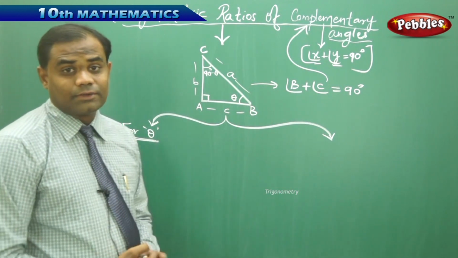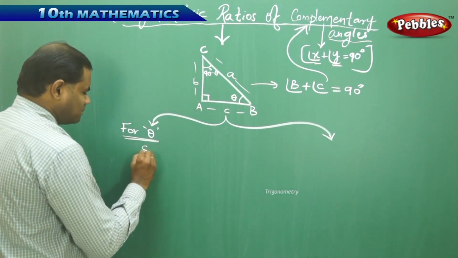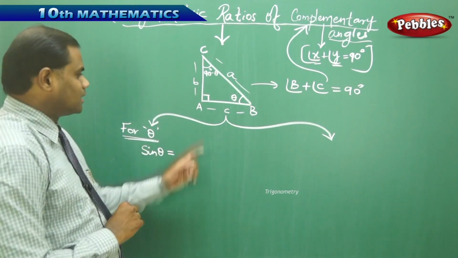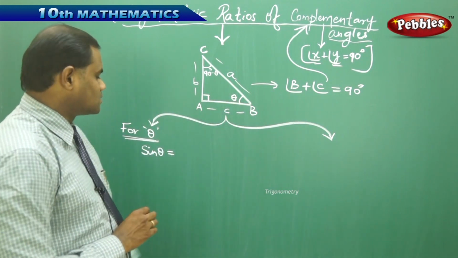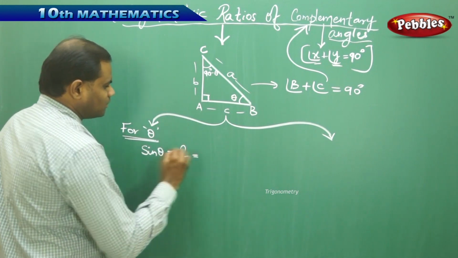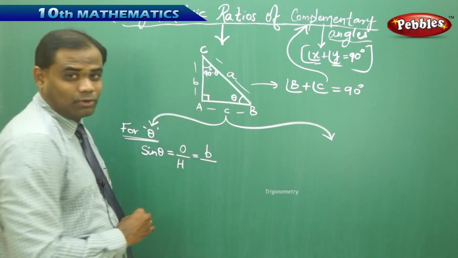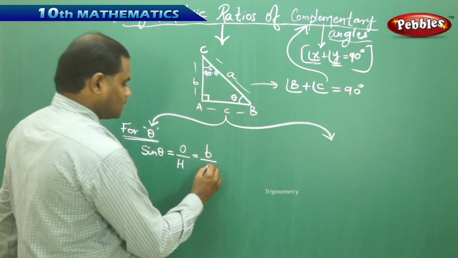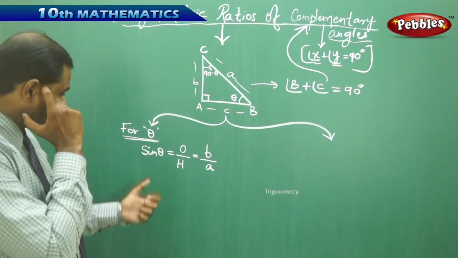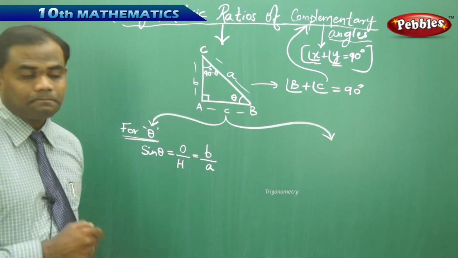Let me start with sine theta, which is opposite by hypotenuse. My opposite side being B and hypotenuse A, this comes out to be B by A. So my first trigonometric ratio for the angle theta is sine theta equals B over A.